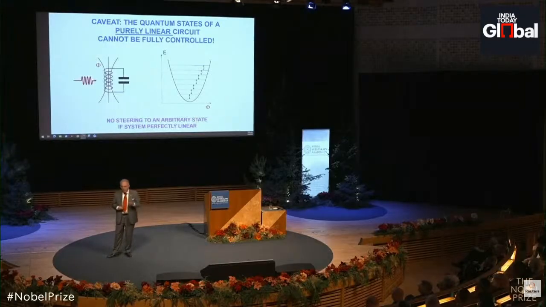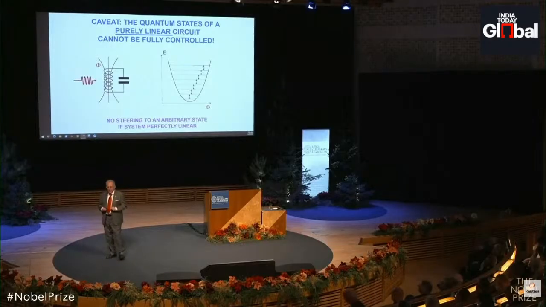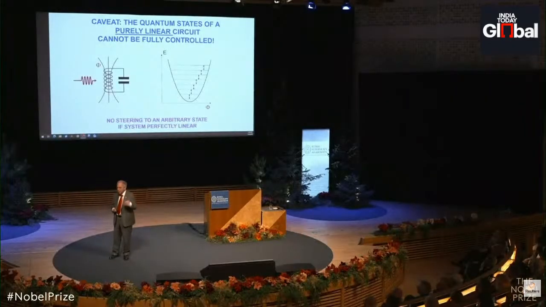Okay, but at this point, Tony realized that there was really a problem. In fact, this LC circuit is a little bit too simple. When you stimulate it with some microwave radiation, because all these levels are equidistant, you will stimulate all the transitions at the same time.